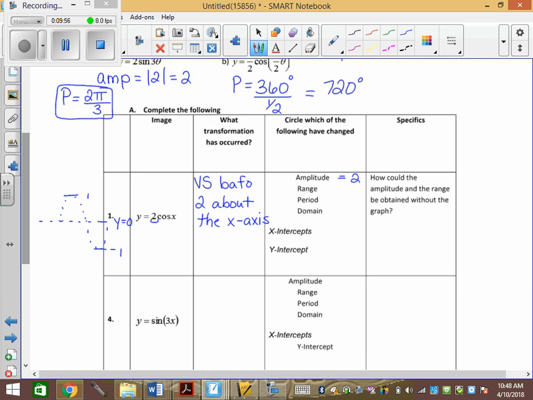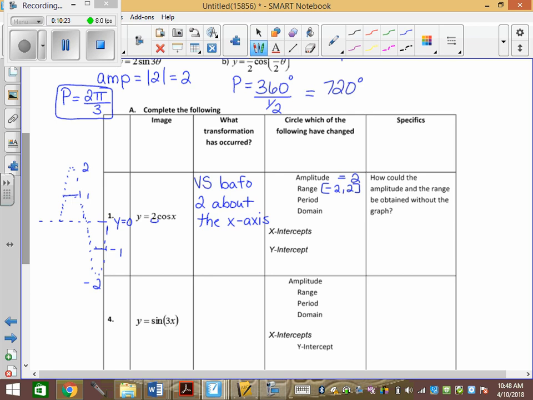So instead of +1, it's now going to be +2, and instead of -1, it's now going to be -2. I have my range. My range is between -2 and 2. I'll switch back and forth between interval and set as we do each question.